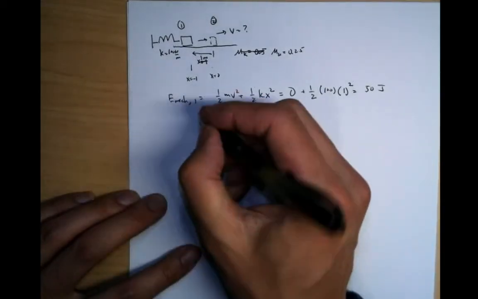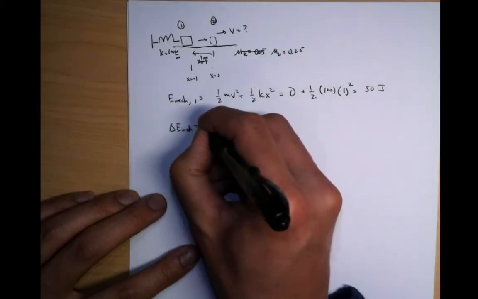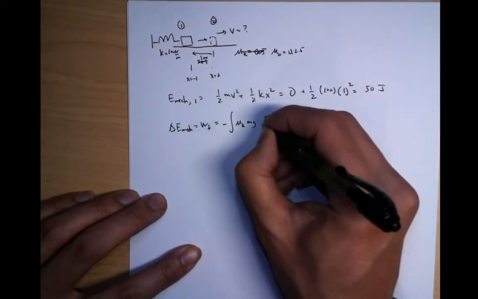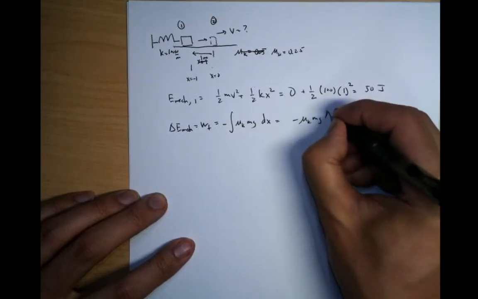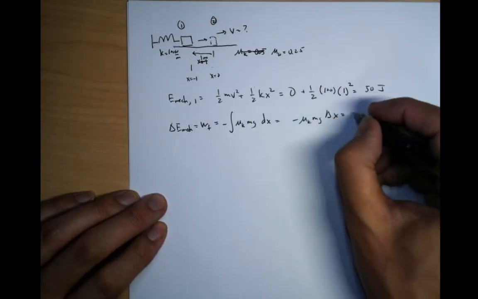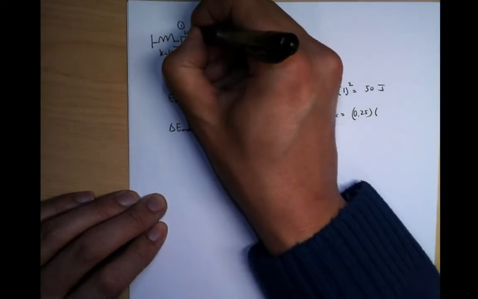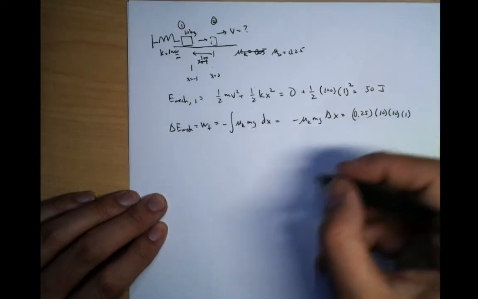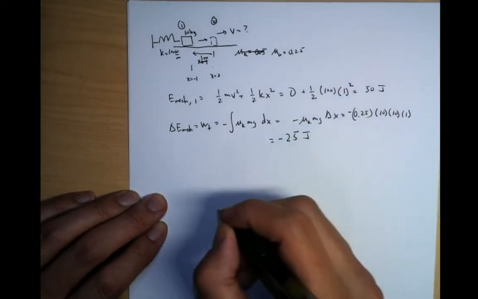Now let's look at the change in mechanical energy, which is the work done by friction, equal to the integral of minus mu k mg dx, which is minus mu k mg delta x, where delta x is 1 in this case. So mu k is 0.25, the mass is 10 kilograms, g is 10 as well, and delta x is 1. So it's equal to minus 25 joules.